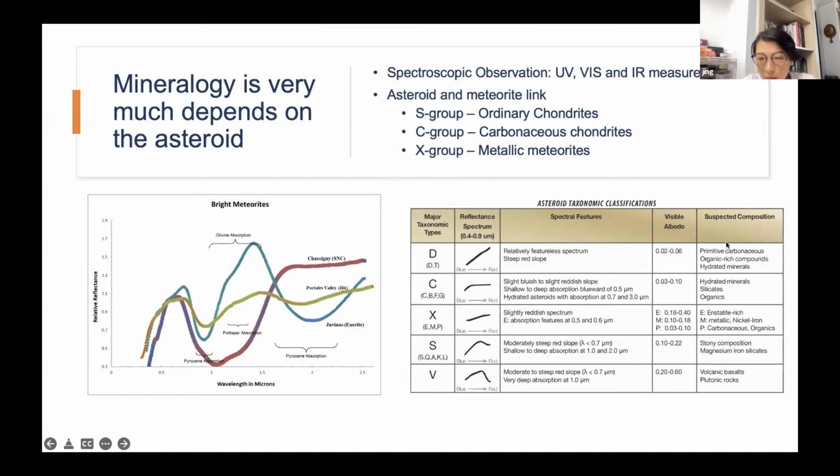The suspected composition for the S group is silicates, for the C group hydrated minerals and organics, and for the X group silicate plus metals.